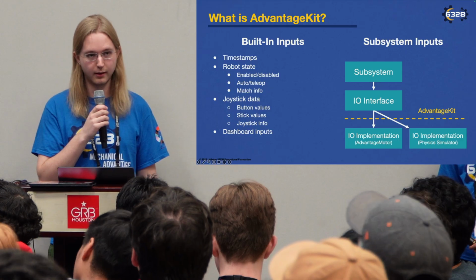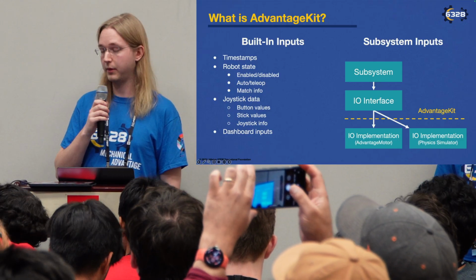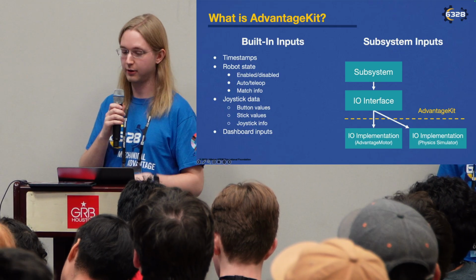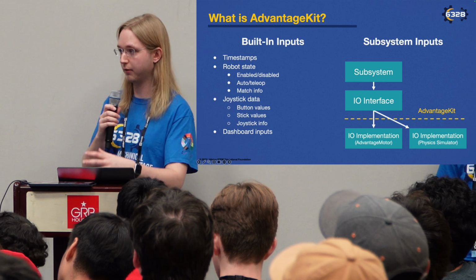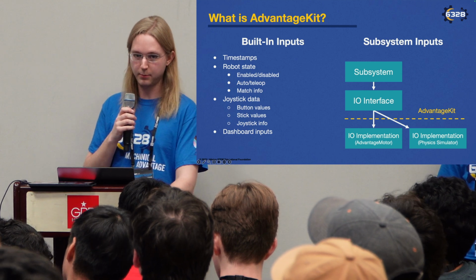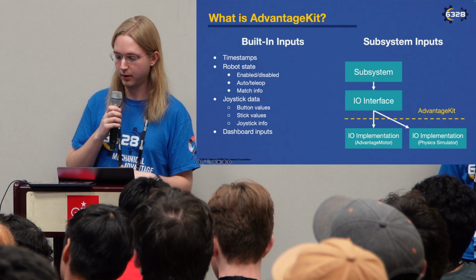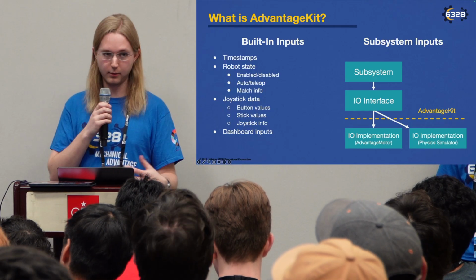When running on the robot, AdvantageKit will record all of the input data from the I/O layer. And then the fun bit is when running in log replay, we just turn off the I/O implementation, and AdvantageKit will provide all of that data instead. So the subsystem, and in fact the rest of the code, can't tell the difference between real hardware and the replayed log. So you still get all of the benefits of the hardware abstraction too.